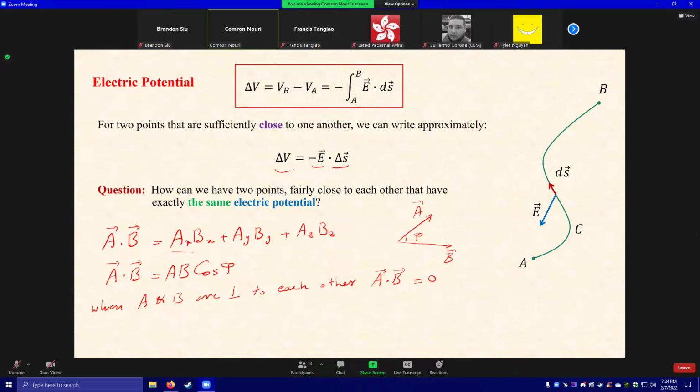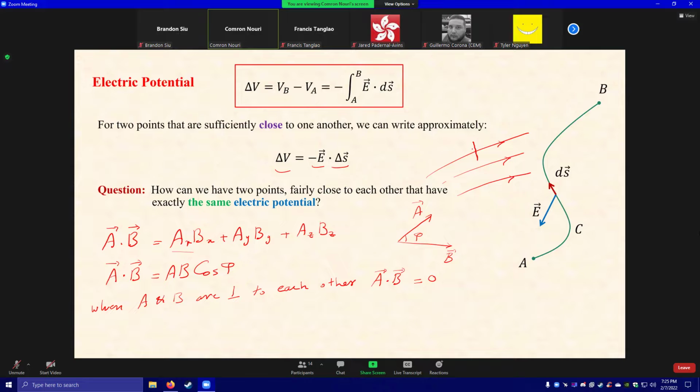That is when delta S is perpendicular to E. It means that if you have an electric field in space, if you move perpendicular to E, you don't change the potential. The same applies to the gravitational field and gravitational potential.